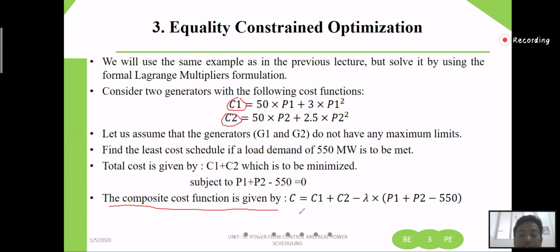Composite cost function C will be equal to C1 plus C2 minus lambda, the Lagrange multiplier, into P1 plus P2 minus 550.